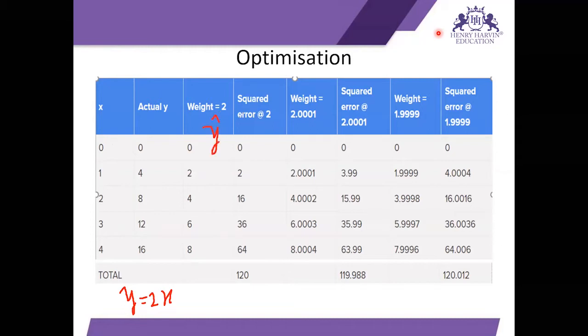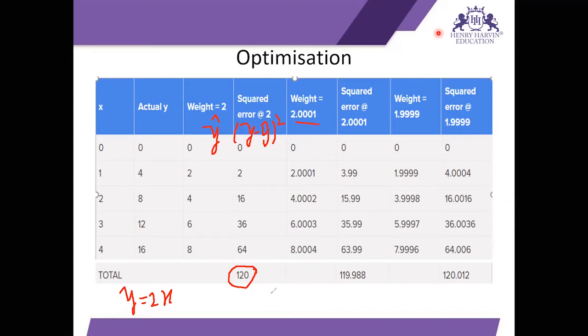And if we try to find the squared error for this weight 2, which is nothing but y minus y hat the whole square, this is basically the loss function, the cost function we are trying to calculate. This is equal to 120. Now what is being done? The weight is updated, or increased, by 0.0001, right?